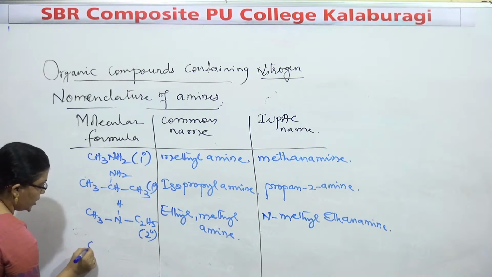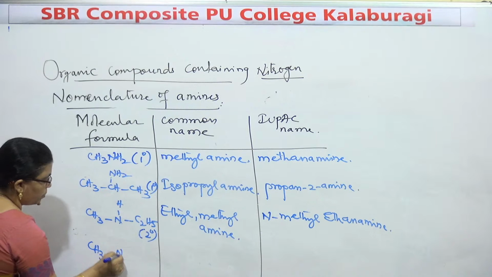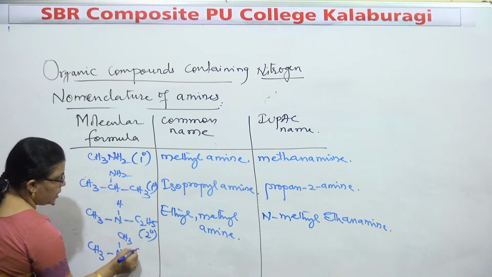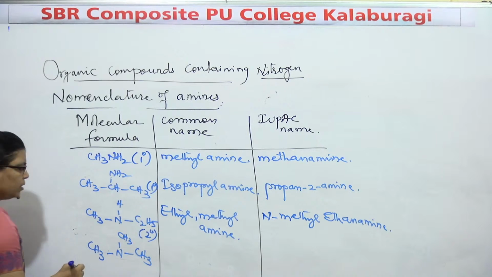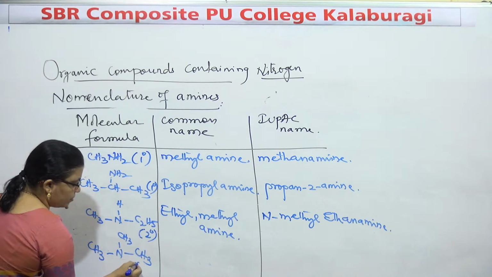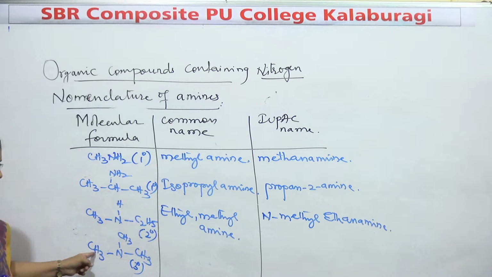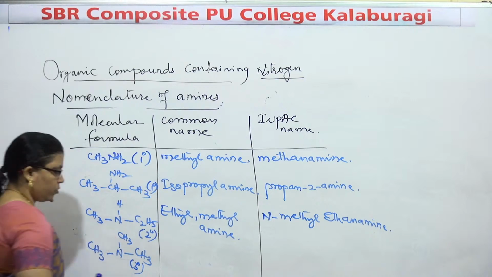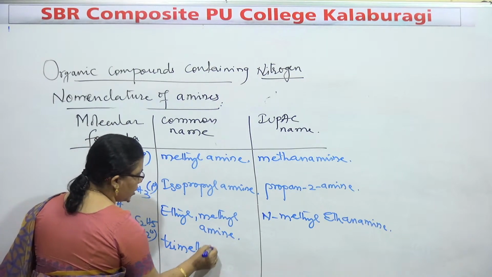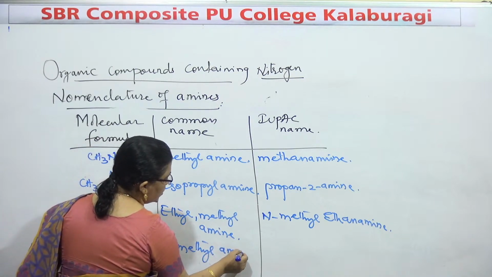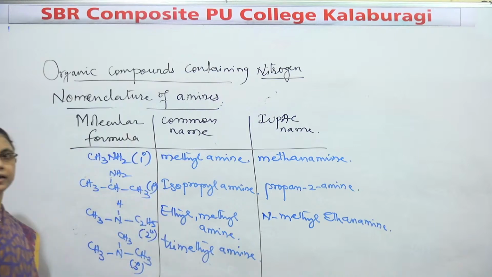Same way, is it visible now? 3 methyl groups are there. We can take one ethyl methyl propyl also, that we will take in the next step. This comes under which type of class? Tertiary amine. What can we call it? Trimethylamine.